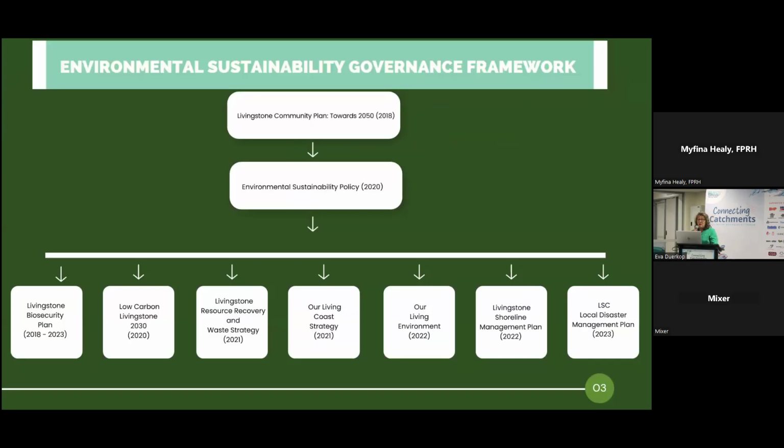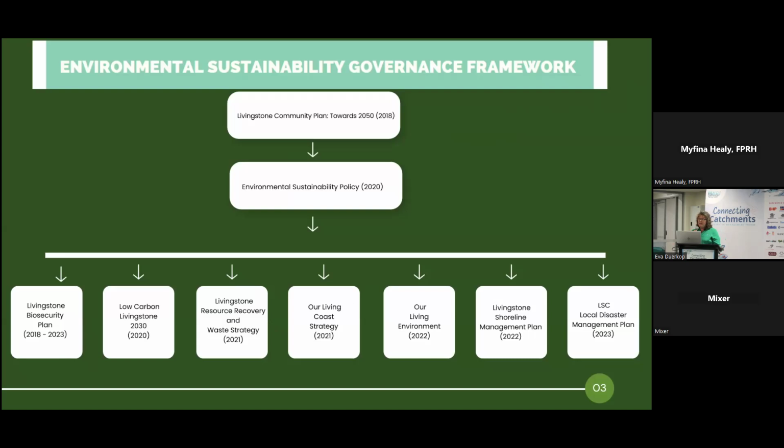In Livingstone Shire, we have the Livingstone Community Plan towards 2050. This is a great long-term plan that provides a structure for us going forward to look after our natural environment, as well as all the other factors we've started talking about in the last couple of talks: economic, governance, social, health and wellbeing.